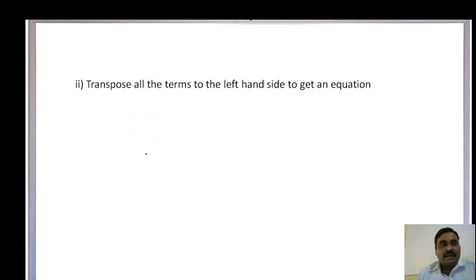Next, transpose all the terms to the left side to get an equation. Whatever terms are on the right side have to be shifted to the left side immediately. For example, you have 4x square is equal to 6x minus 9. It's a quadratic equation, but it is not in the standard format.